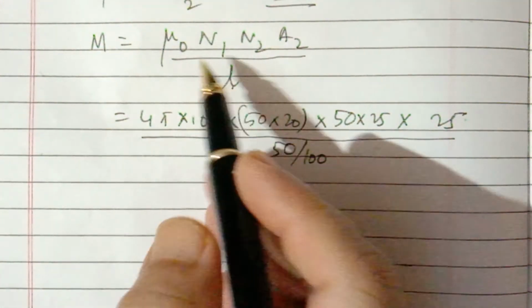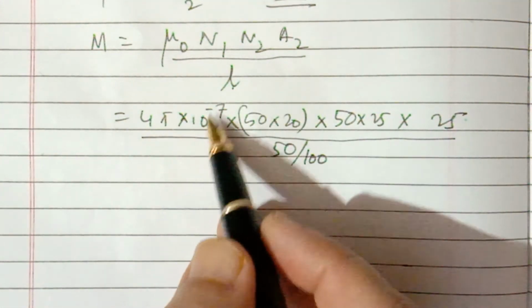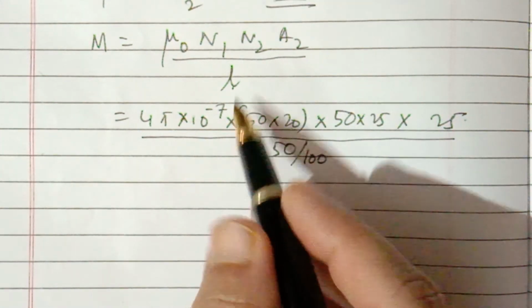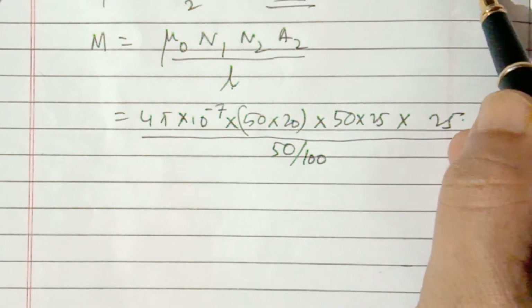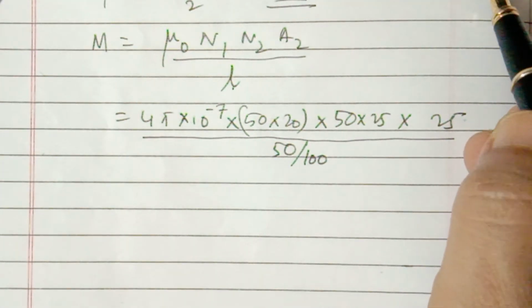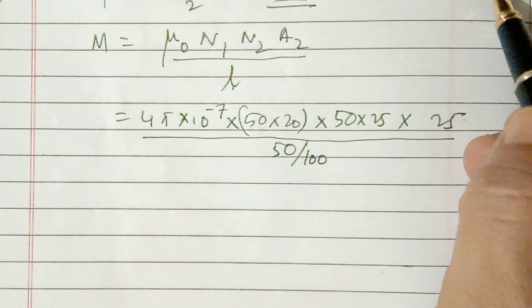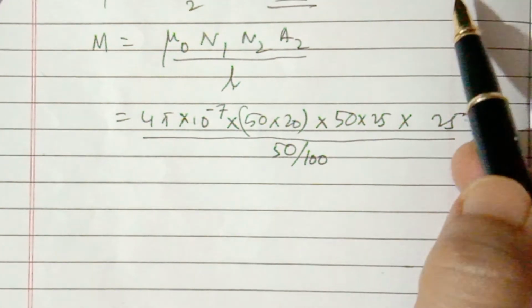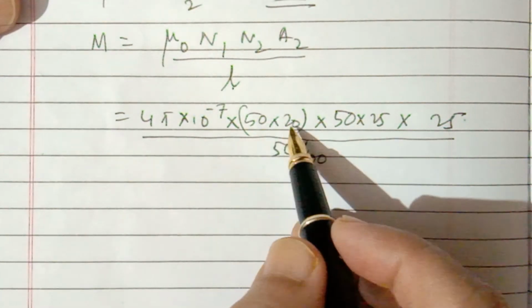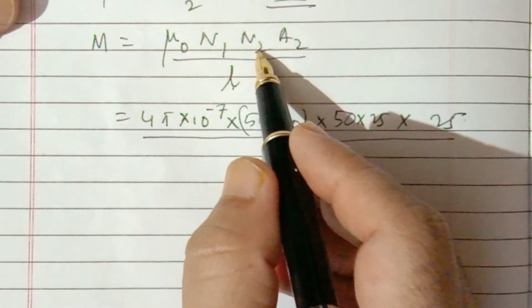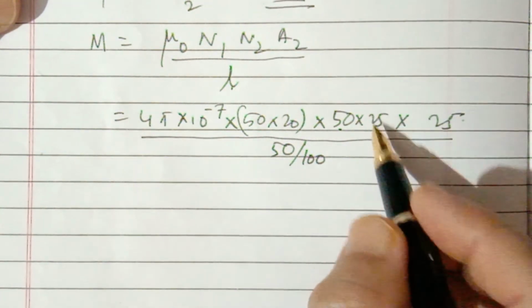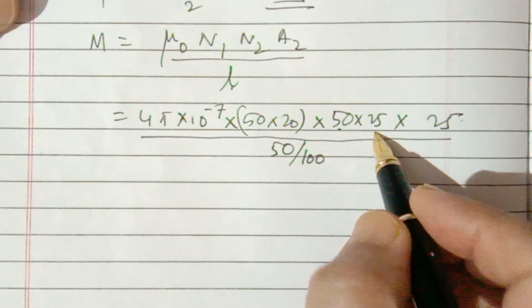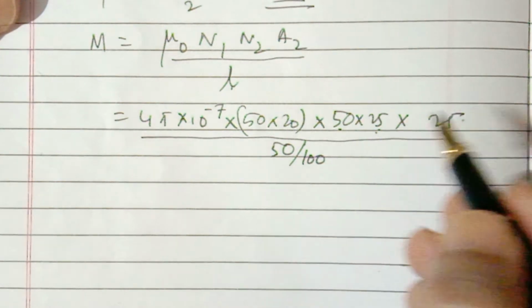The value of mu naught is 4 pi into 10 to the power minus 7 into N1. Now N1 has 50 centimeter length and each centimeter has 20 turns, so 50 into 20. N2: length is the same 50, but the second coil has 25 turns per centimeter, so 50 into 25.